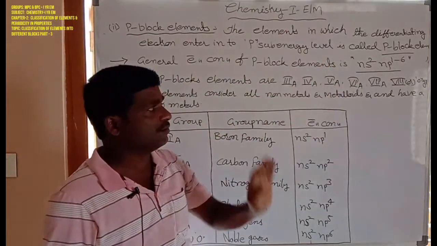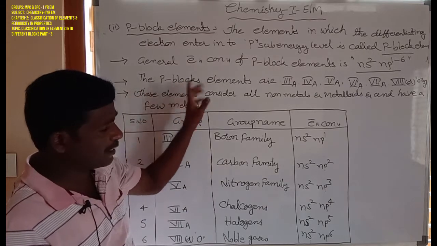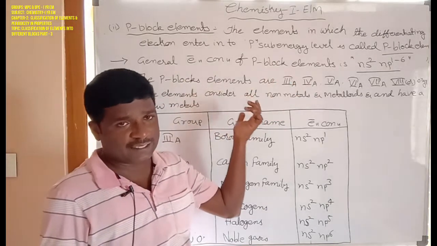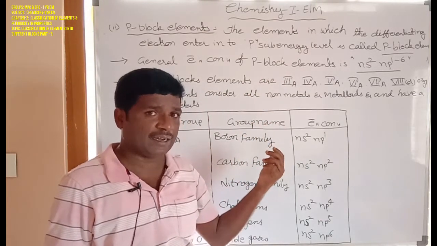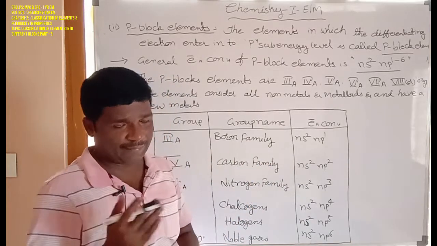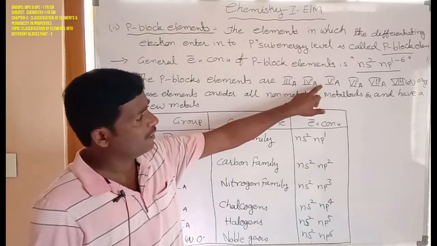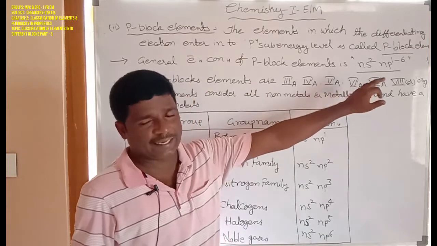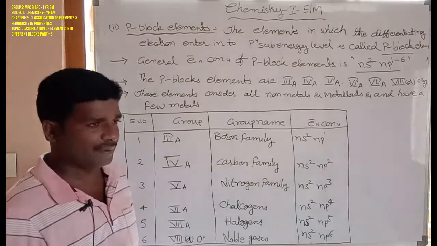The first A group elements, also called alkali metals, and second A group elements, also called alkaline earth metals, are the S block elements. The remaining ones, third A, fourth A, fifth A, sixth A, seventh A, and eighth A or 0 group elements, are called P block elements.